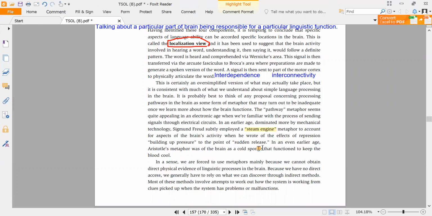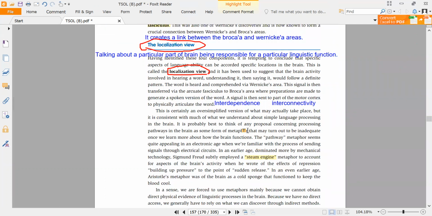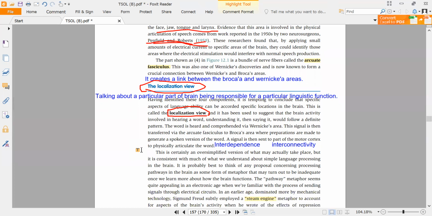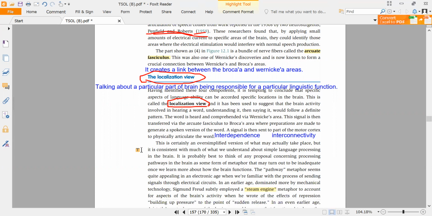not reliable. Yes. So basically, we were talking about the localization view, when we talk about a particular part of the brain and we say that this part of the brain is responsible for this particular linguistic function, this view is called the localization view. And this view is not a reliable view, because of so many reasons, right?